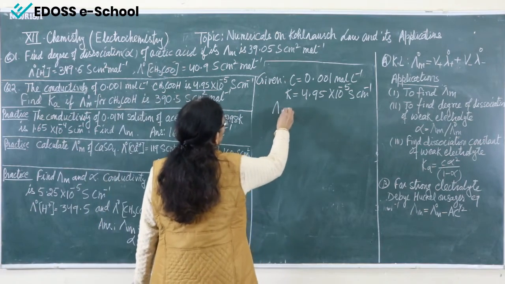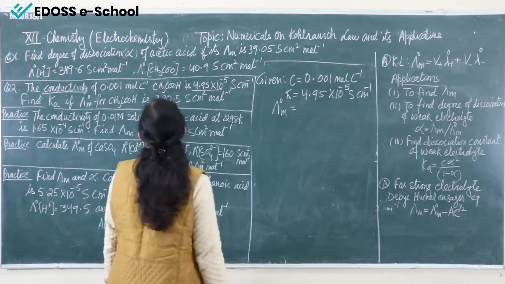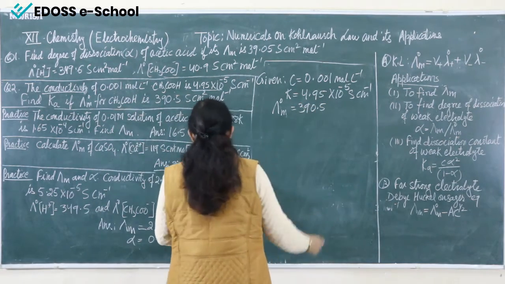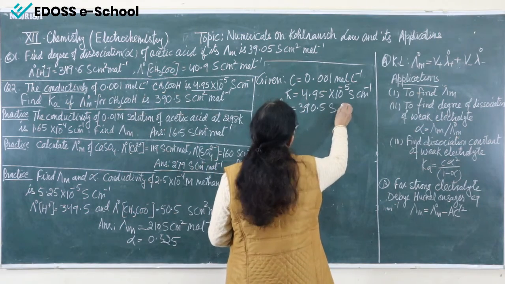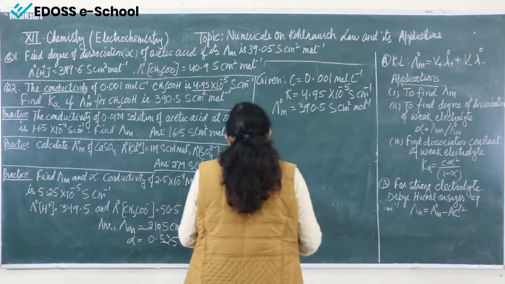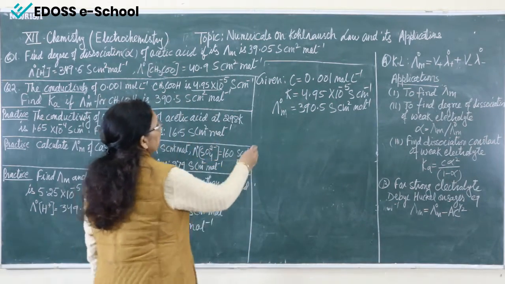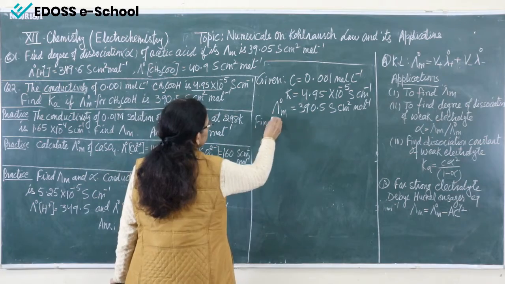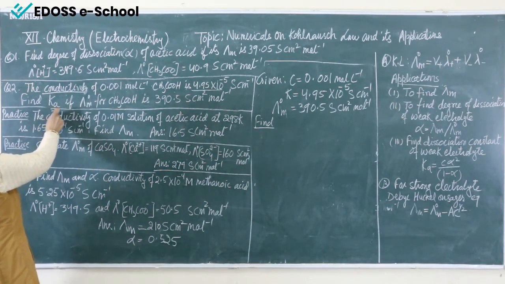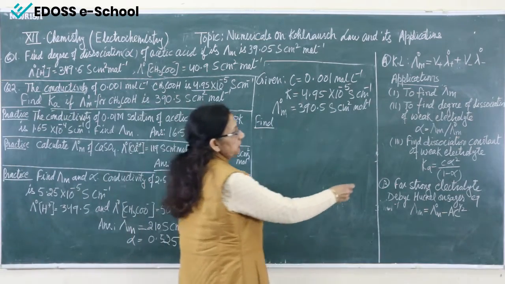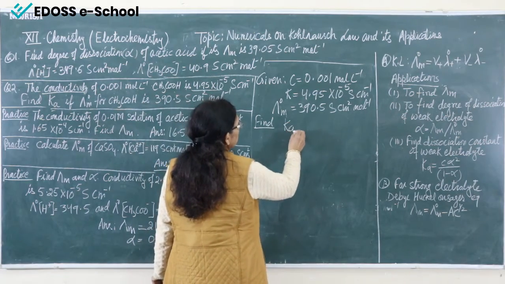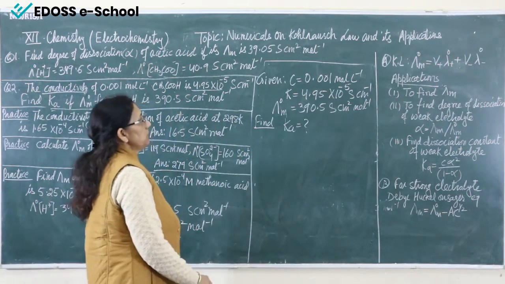So lambda m naught is given to us, 390.5 Siemens centimeter square per mole. Okay, so this is the question. Now see what we have to find. We have to find Ka. You can see here, this is the dissociation constant we have to find.